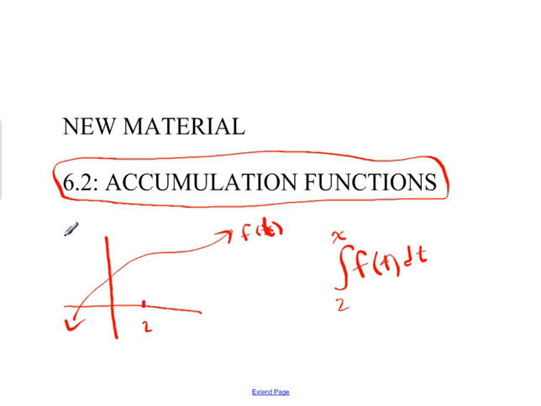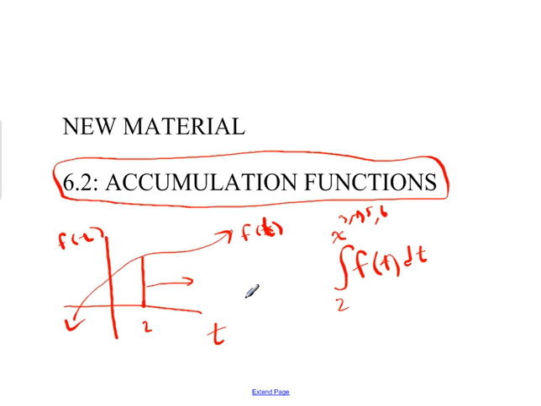So here's my f of t and t. So clearly, as x goes, let's just start it at 2 for right now. As x gets bigger and bigger, we're integrating from 2 to a larger number. So from, imagine x being 3 and then 4 and then 5 and then 6.